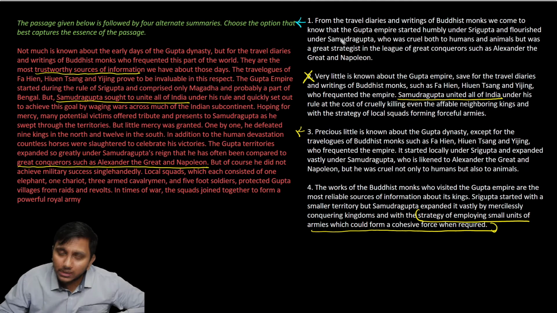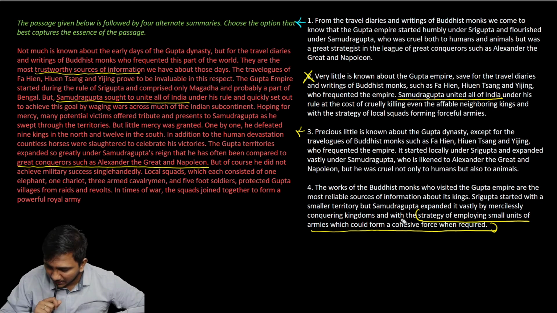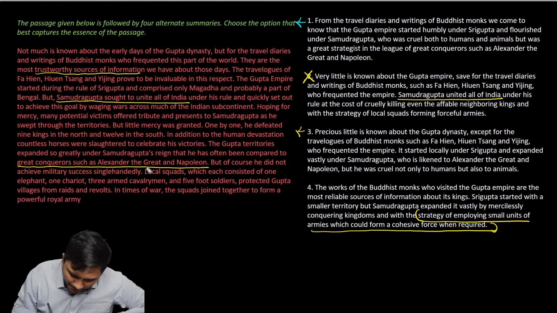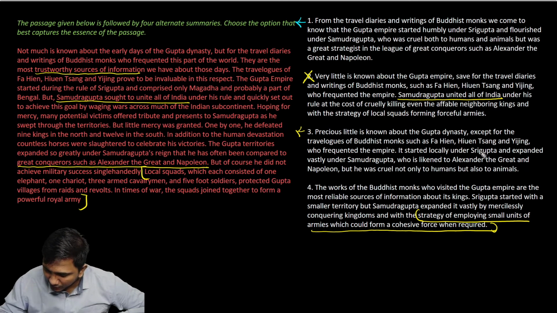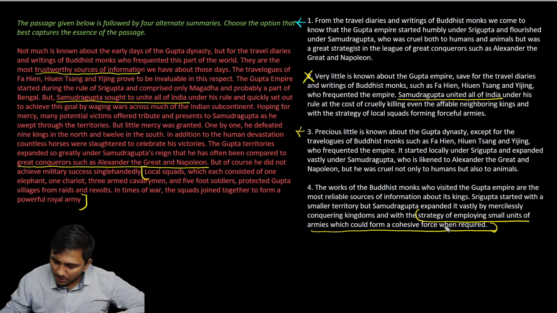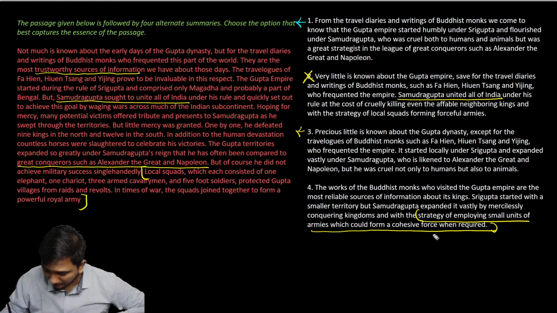Now, if you compare 1, 3 and 4, you will see one main point, that is about the local squads. None of the other two speak about the local squads. It's only being spoken here. Instead, these two are just comparing Alexander the Great, Napoleon and so on.